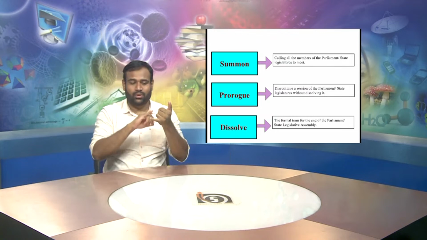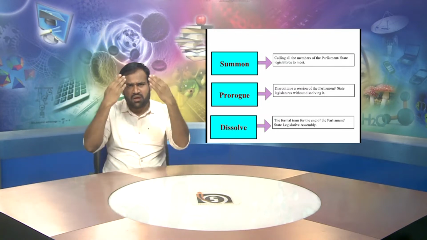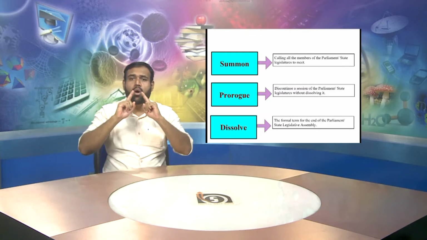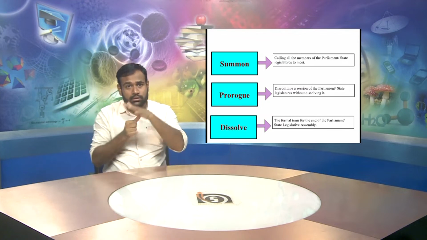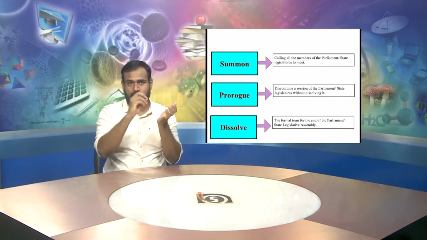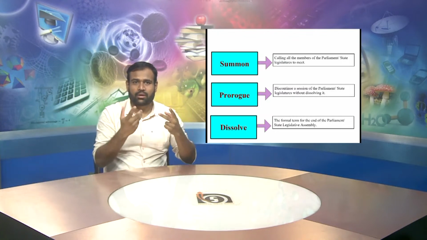There are three words on screen. The first word is summon, which means calling all the members of the parliament or state legislature to meet, to come and have a meeting. So we call it summon. Second is prorogue.